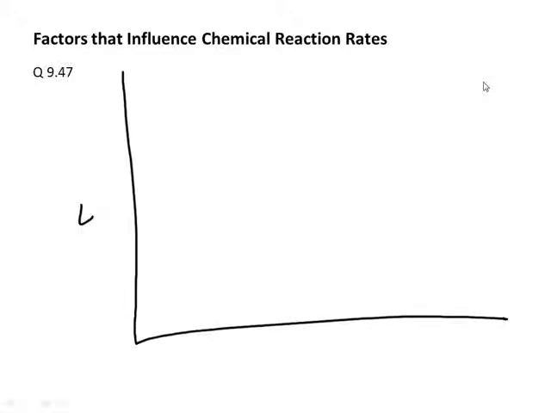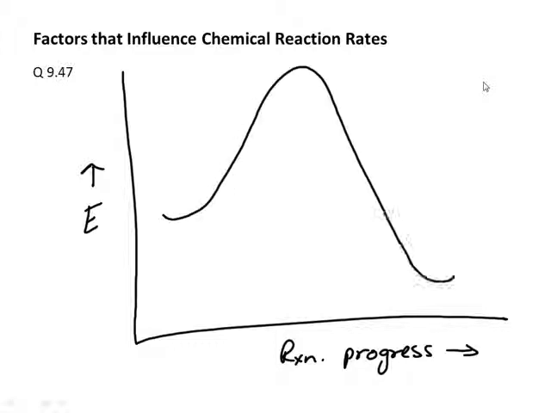Energy on the y-axis, and reaction coordinate or reaction progress on the x-axis. It says to draw one for an exothermic reaction, in other words, reactant energy will be higher than that of the product. So this is without a catalyst, just a normal exothermic energy diagram.